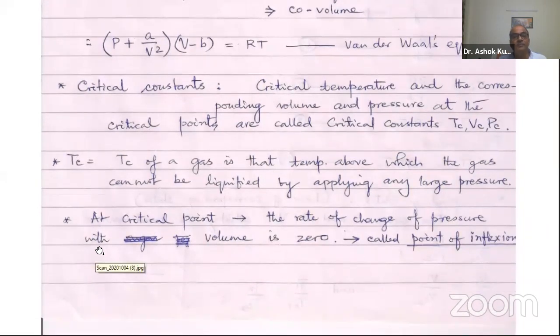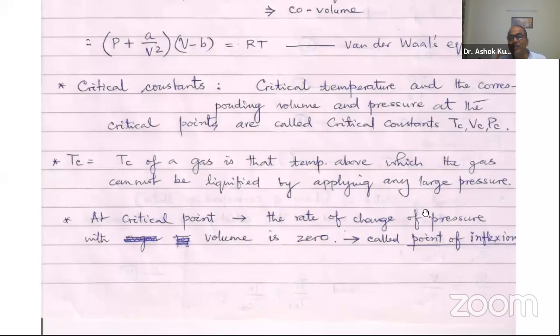At the critical point, the rate of change of pressure with volume is zero, isn't it? Because at the critical point, what will happen? This is a point, not a curve. Suppose it is changing, changing, then it is a curve. So at this point, there is no conversion.